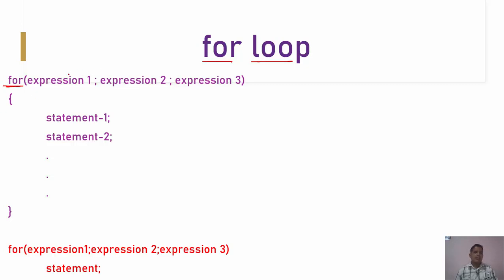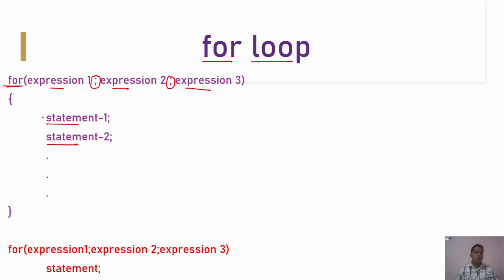Inside this bracket, three different expressions: this is expression number 1, this is expression number 2, and this is expression number 3. Each of these expressions is separated by a semicolon. This is the most important one. So first the keyword for, then bracket, expression 1, semicolon, expression 2, semicolon, expression 3, and inside these curly brackets, the statements that I am going to define.